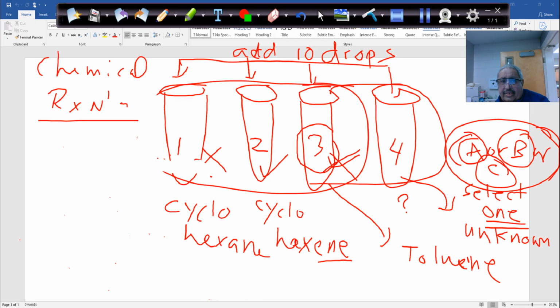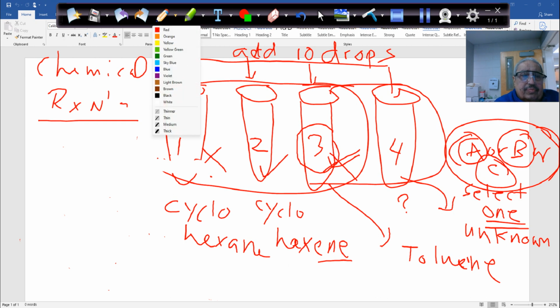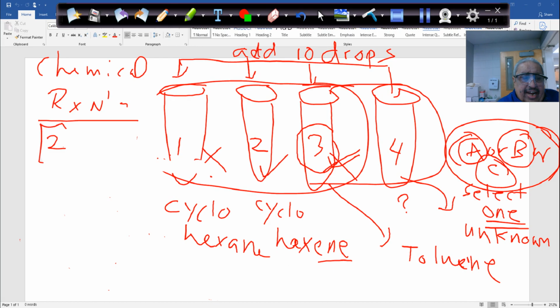Okay, guys. Second reaction with permanganate. You take all those four as they are, a new set: test tube number 1 is cyclohexane, test tube number 2 cyclohexene, and then toluene and your unknown. Then you will add to them potassium permanganate, chemical reaction number 2.